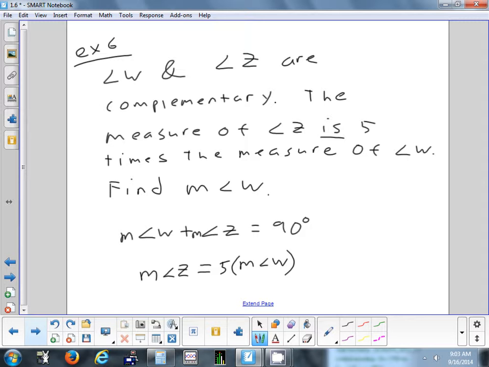The problem with this top equation is there's a Z in it. Is there any way that I can change this to write it in terms of angle W? Do I have another equation somewhere that tells me what angle Z is in terms of angle W?